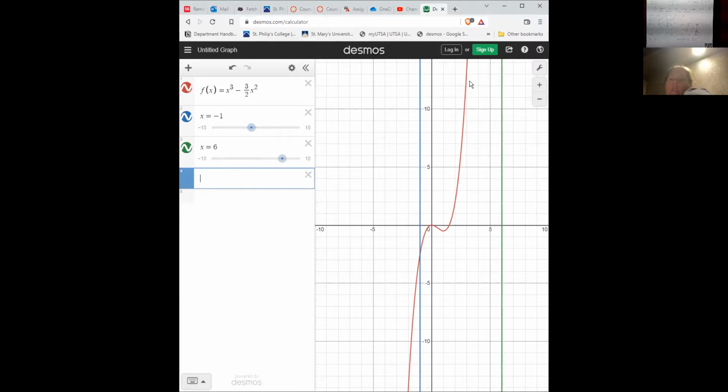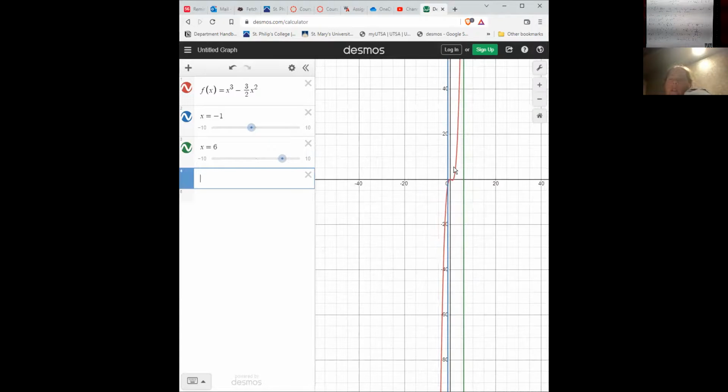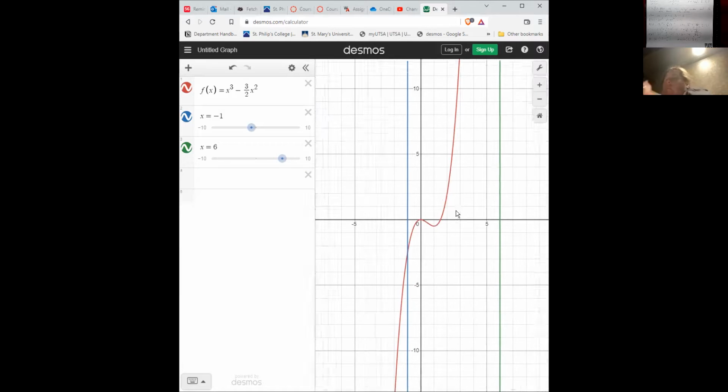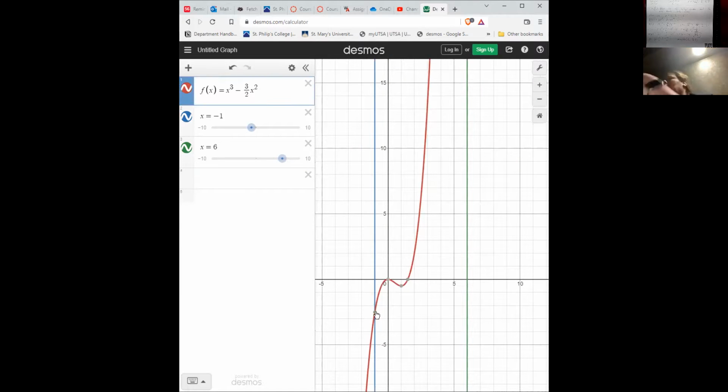So we're closing it off here, right? The blue and green. So the lowest is right there, which is what we found, right? That's -5/2, by the way.